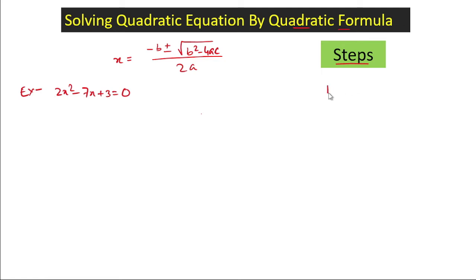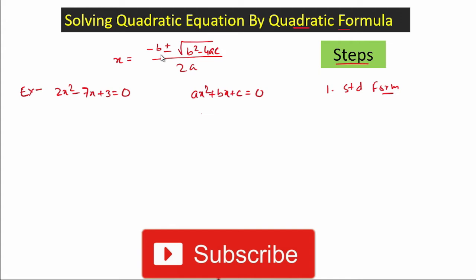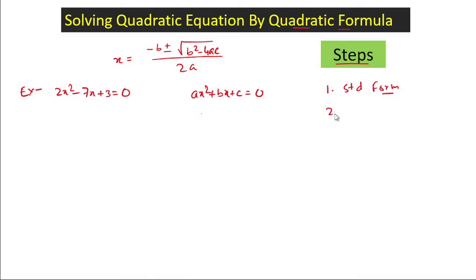So our first step will be to transform the equation into standard form. We know the standard form is ax square plus bx plus c equals 0. So from here we will take out the values of a, b and c.